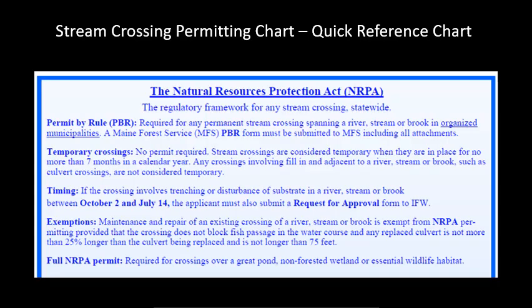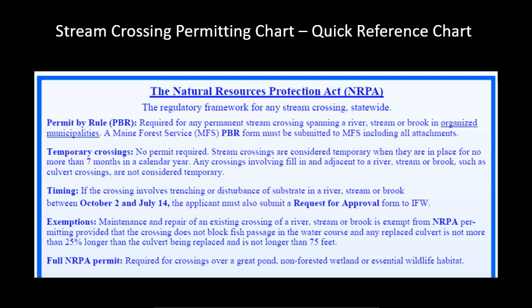So let's start with the Natural Resources Protection Act. This is a statewide law, and again, kind of the basis for all the other permitting requirements. You'll see here that it says a permit by rule, or PBR, is required for any permanent structure. It describes what a temporary structure is and explains that no permit is required for temporary structures.